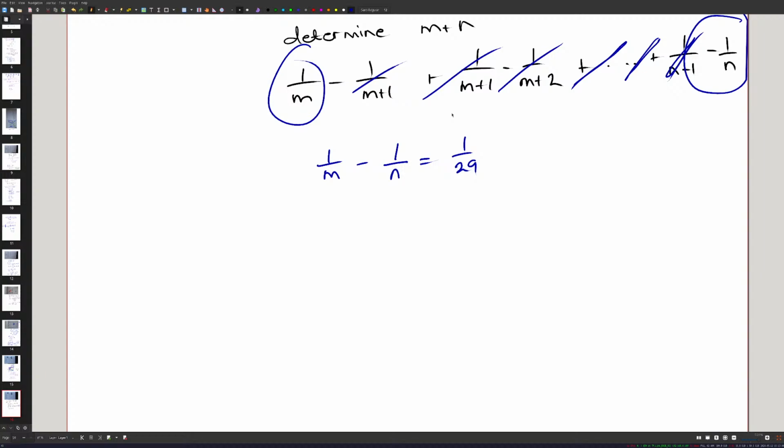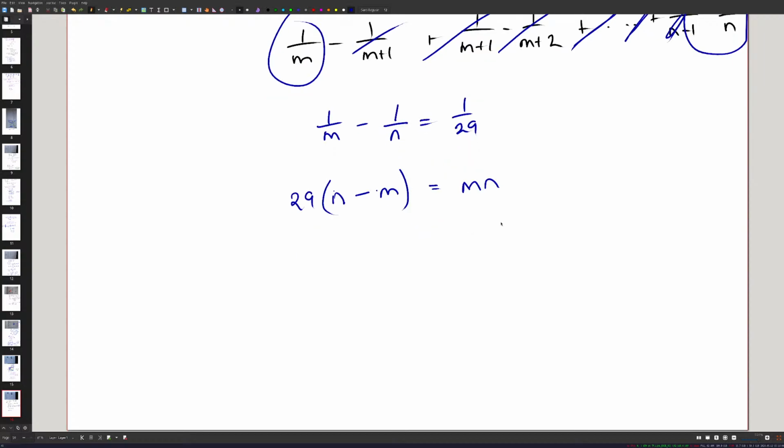And so we get 29 times n minus m is equal to mn. Okay, and so this gives us m minus 29 times n plus 29 is then minus 29 squared.